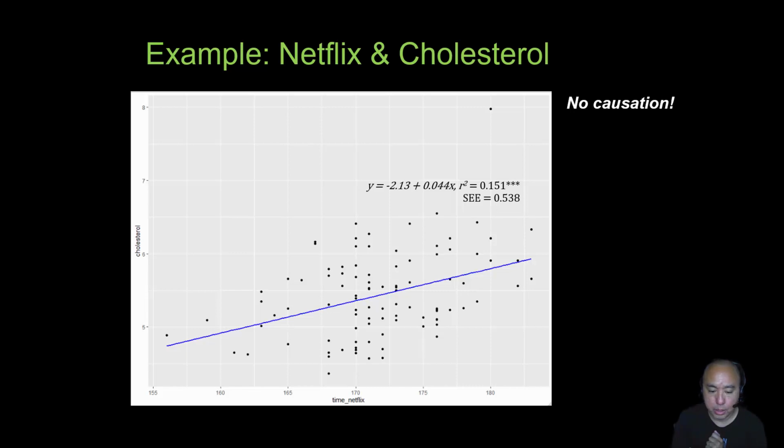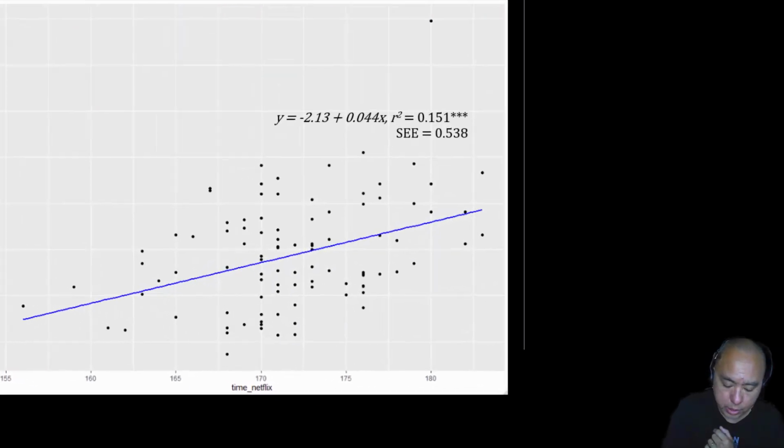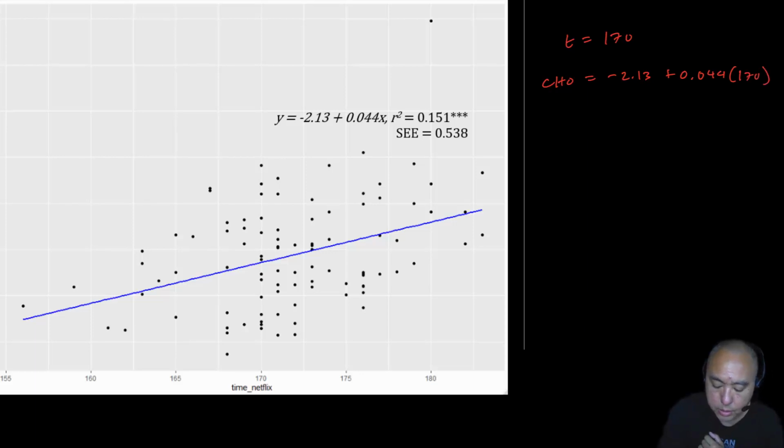So let's say, for example, that we wanted to estimate the cholesterol concentration for someone who spends 170 minutes on average on a daily basis on Netflix, which is a lot of binge watching there, right? So I'm going to write down here, time is 170, and according to this regression equation, cholesterol level would equal negative 2.13 plus 0.044, multiplied by 170 minutes on Netflix.